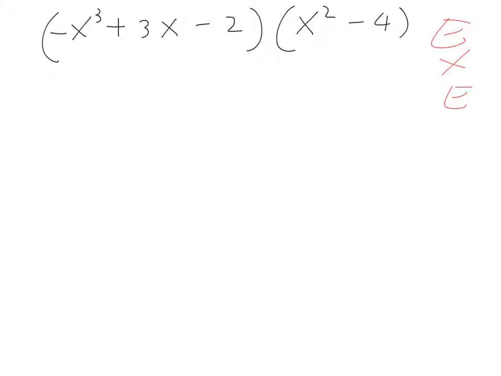Okay, so let's see what we're going to do. We're going to take this x cubed, minus x cubed, remember that it is a negative one, and we are going to multiply it times x squared.